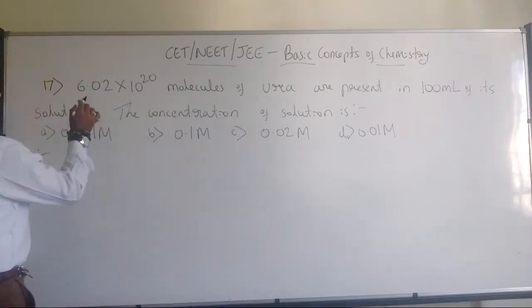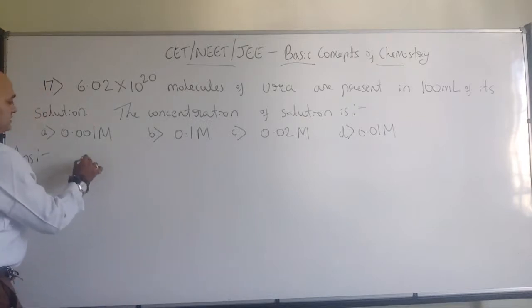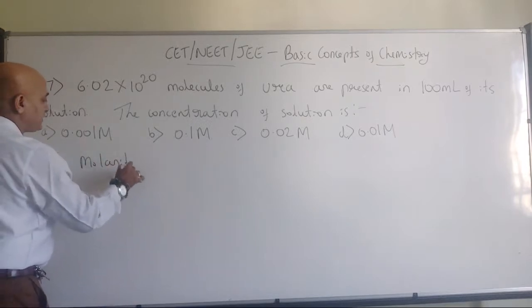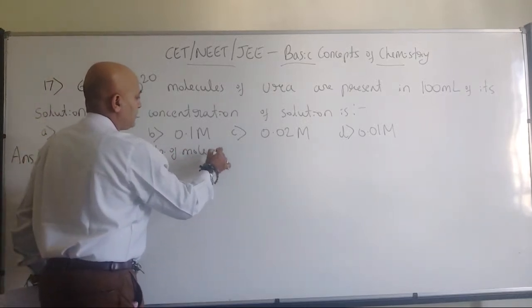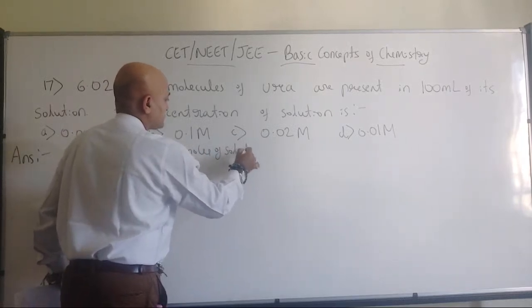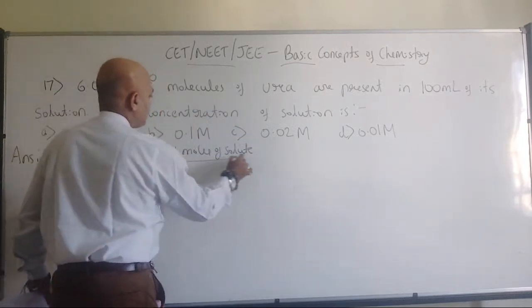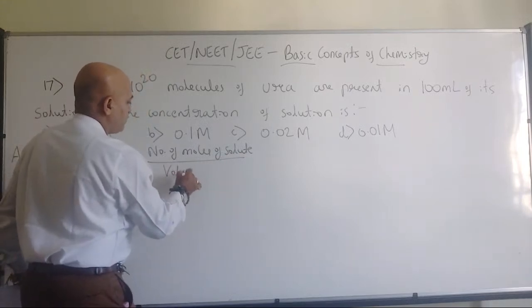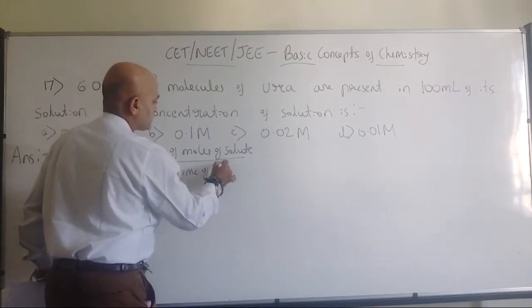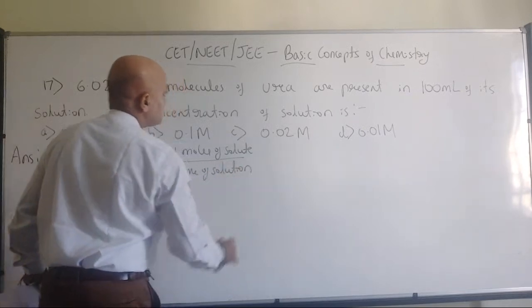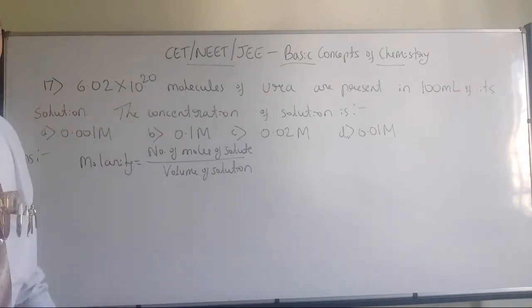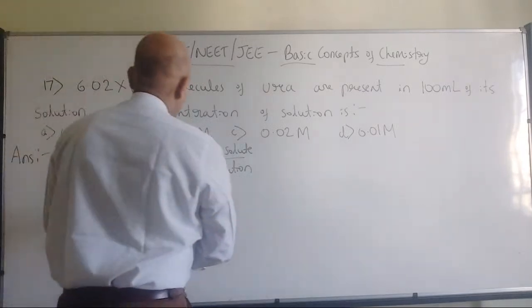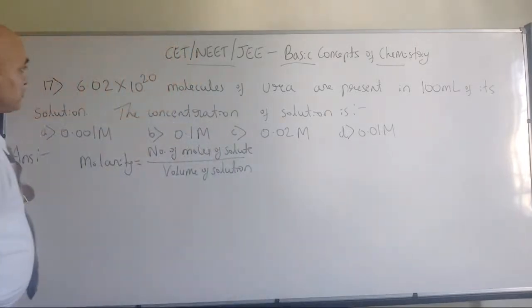First we have to find out the moles of solute, because molarity is equal to number of moles of solute, so that is in this case urea, divided by volume of solution. In this case they have given it as 100 ml, right? So which is that solute? Urea will be the solute.